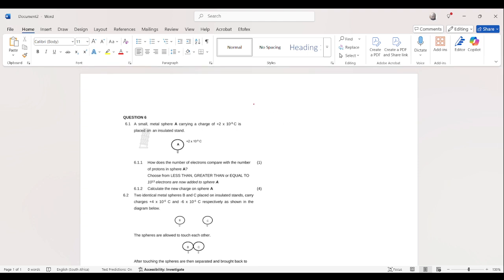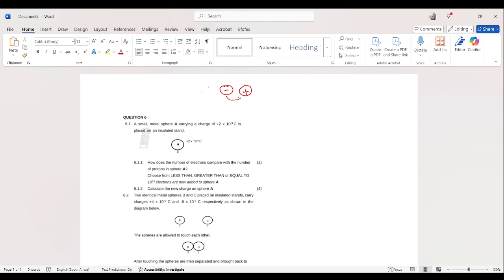I just want to demonstrate what happens if you bring a negatively charged object and a positively charged object together. What will happen is that they will be attracted to each other. Why? Because unlike charges attract and like charges repel.